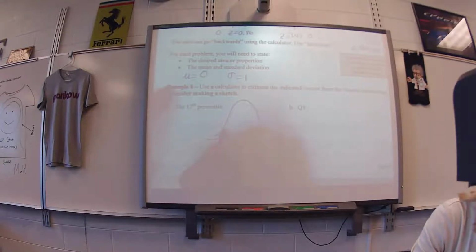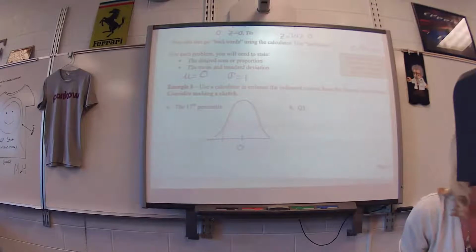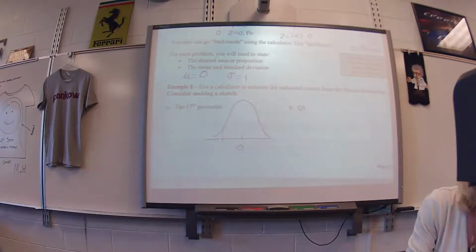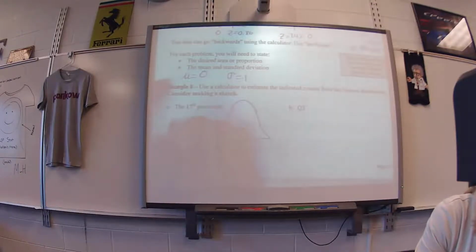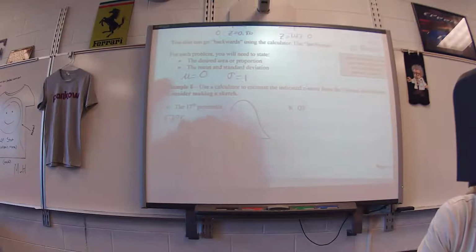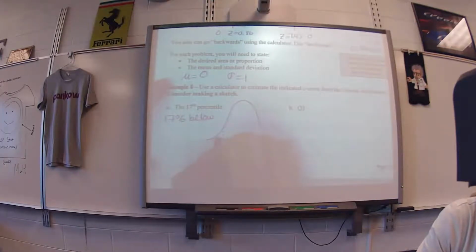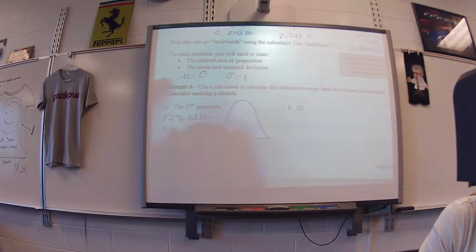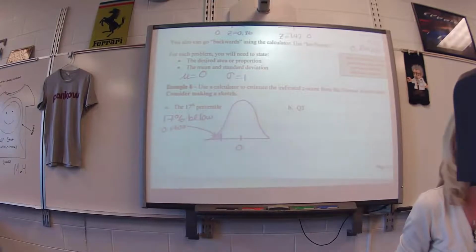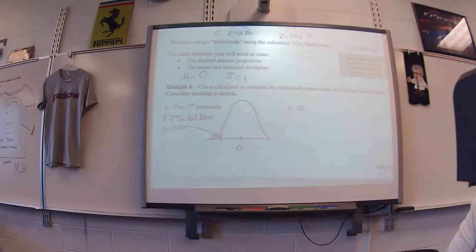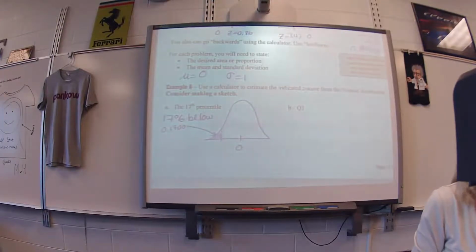So your 17th percentile is way back here. Now what you have to remember is 17th percentile means 17% below, or in other words, this little area right here is worth 0.1700. That's what it means. I have the percentage. I have the little area.